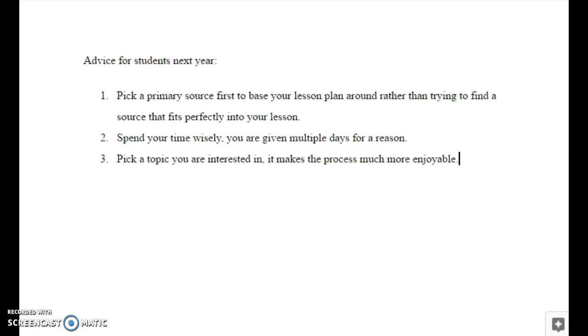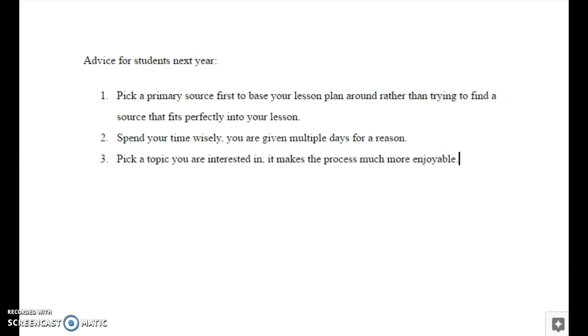We learned this the hard way, where we made a lesson that we felt really good about, but then when we went back and we were trying to finish it off and find a good document, there was nothing that really fit it quite right.